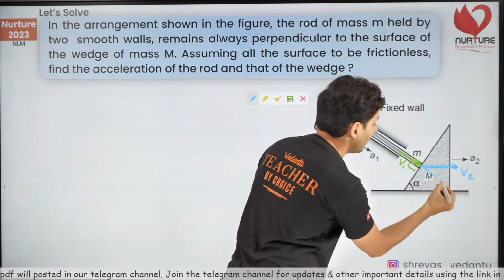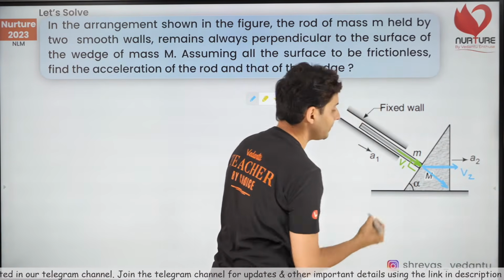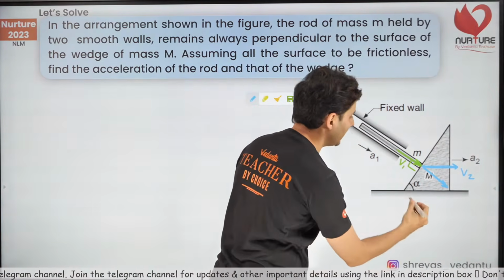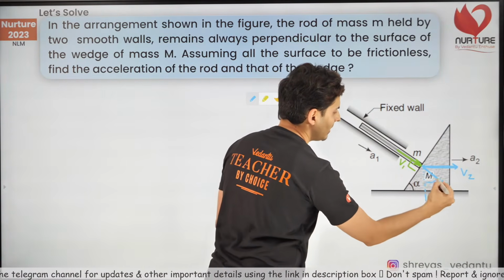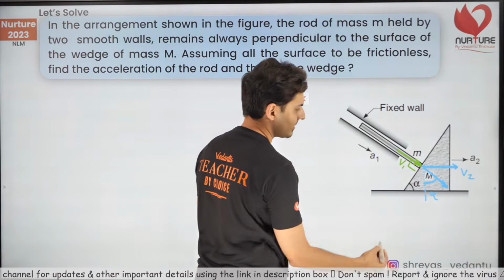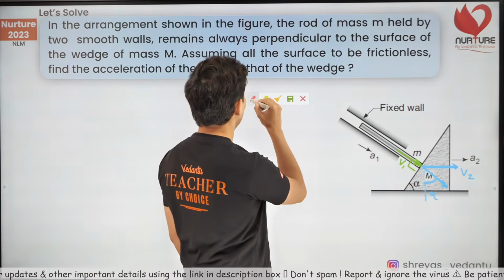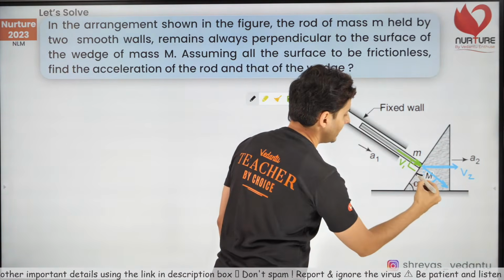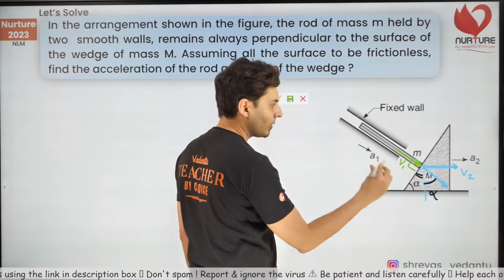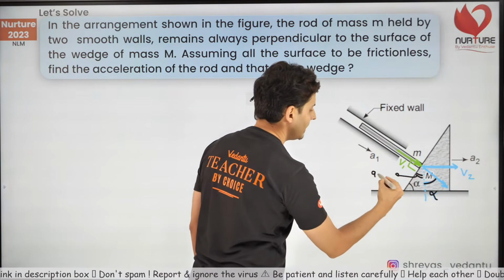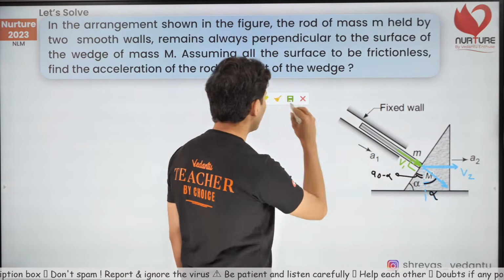So take the component in this direction. What is that component? Well, that is not that difficult to see. If this is alpha, even this will be alpha, guys. This will be 90 minus alpha and this angle will be alpha again.